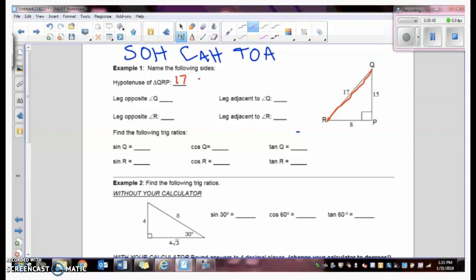So that is 17. So it's QR or RQ. The leg opposite to Q is going to be 8. That means the leg opposite to R is going to be 15.